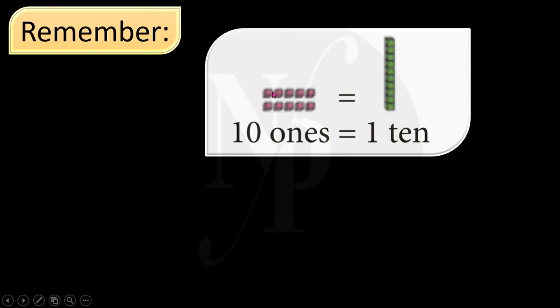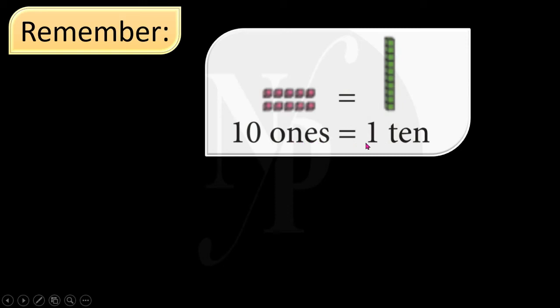We have 10 such beads which represent 10 ones, and all these beads placed one above the other form a rod of beads which represents 1 ten. We have learned these in previous classes.